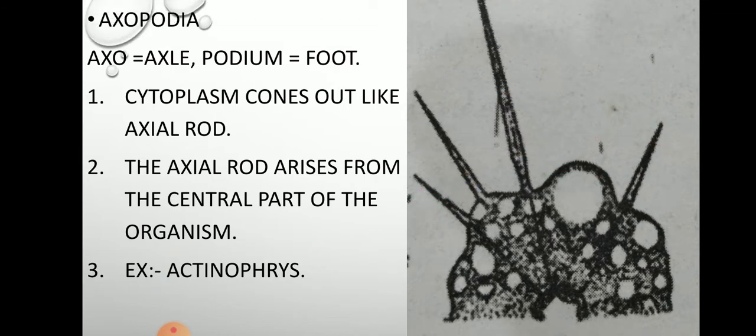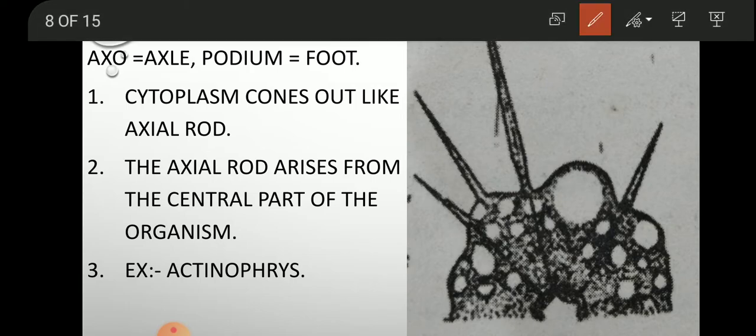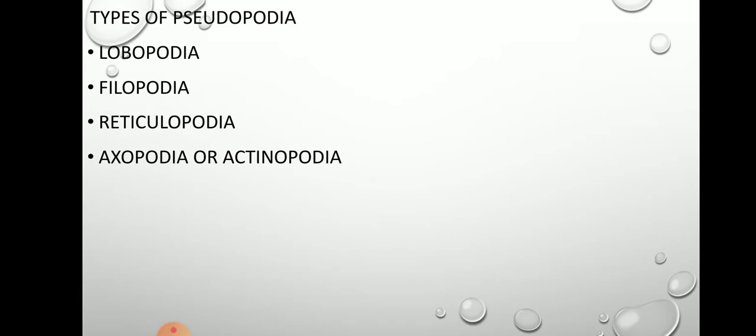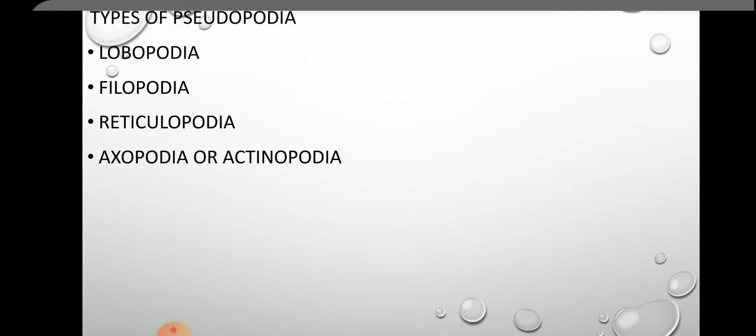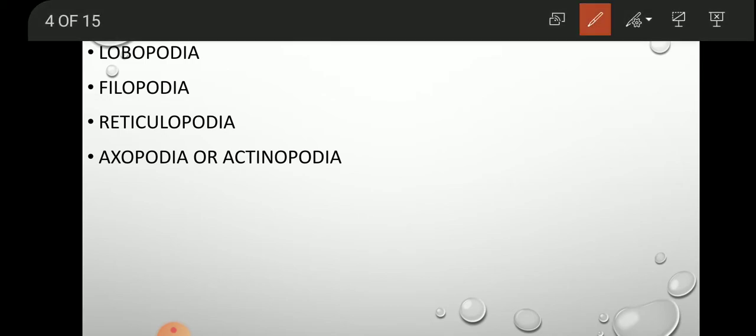Okay, so by here we have completed 4 types of pseudopodia. As we know, pseudopodia is divided into 4 categories. The first one is the lobopodia. Lobopodia means it has lobes like structure. Okay, it has blunt lobes like structure. Here you can see this lobopodia.